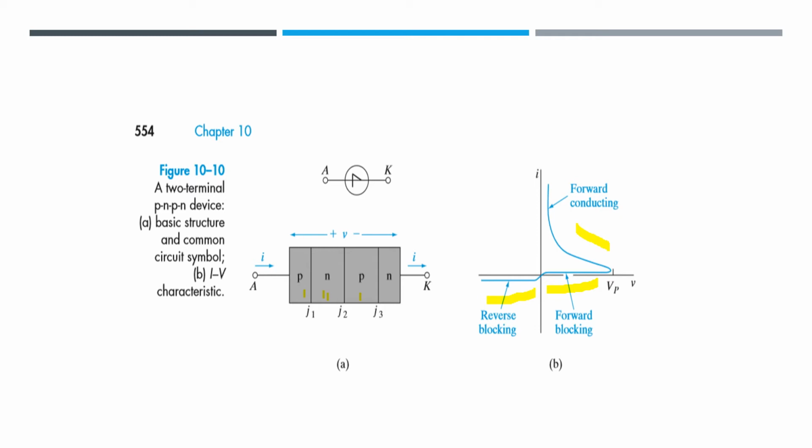You know that this avalanche breakdown can increase the reverse current so much that your device can be damaged. In a properly designed device with guards against surface breakdown, the reverse breakdown voltage can be several thousand volts.